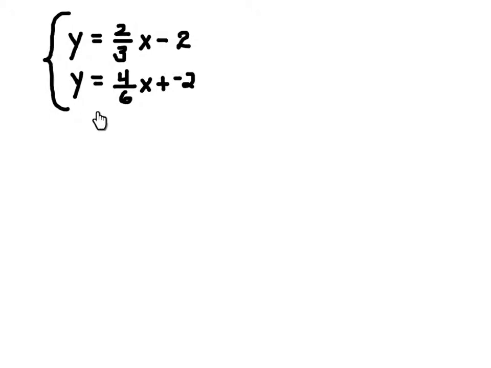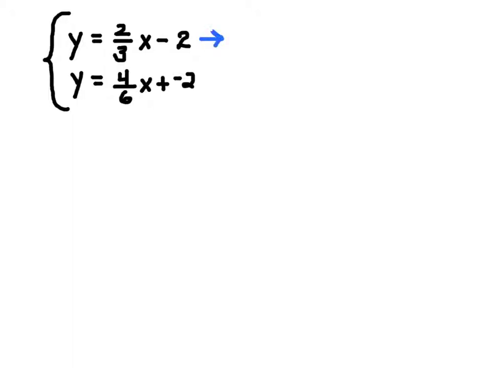Here's our last example of a system of linear equations, and we're going to solve using the addition method. So the first thing we want to do here at the top is transform these into standard form.